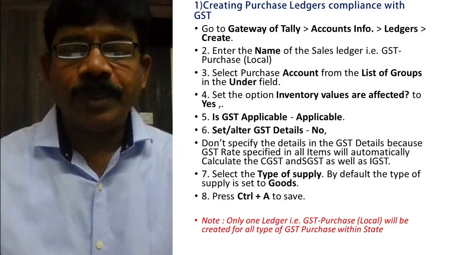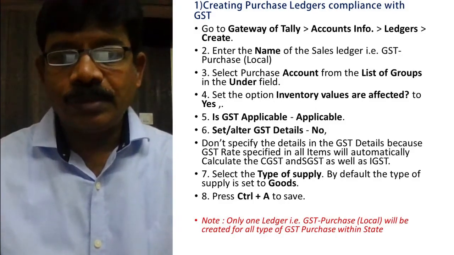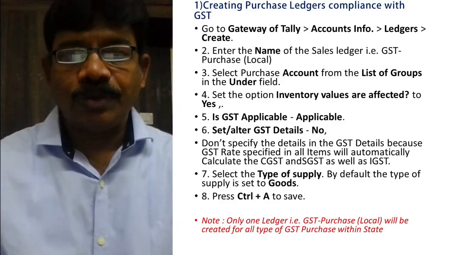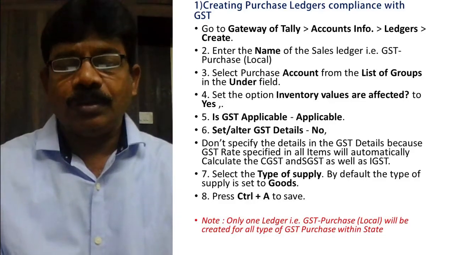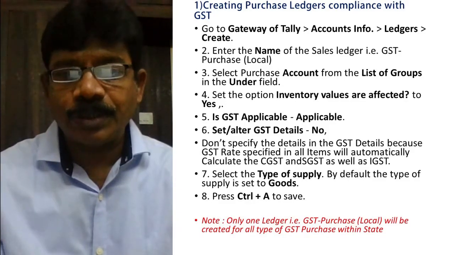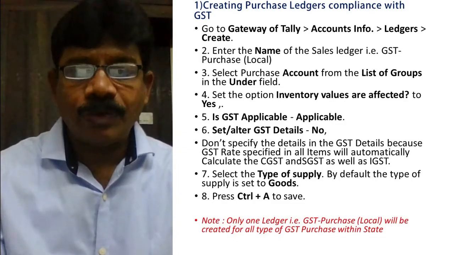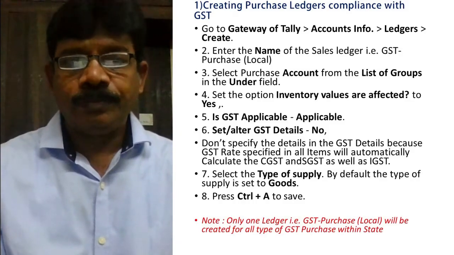For type of supply, goods or services are there, select goods. Press Ctrl A for saving the ledger. So only one ledger, that is GST purchase local, will be created for all types of GST purchases within the state.